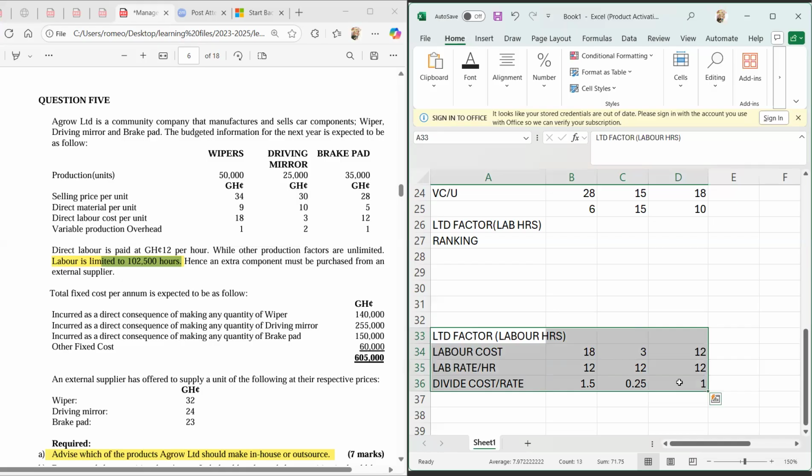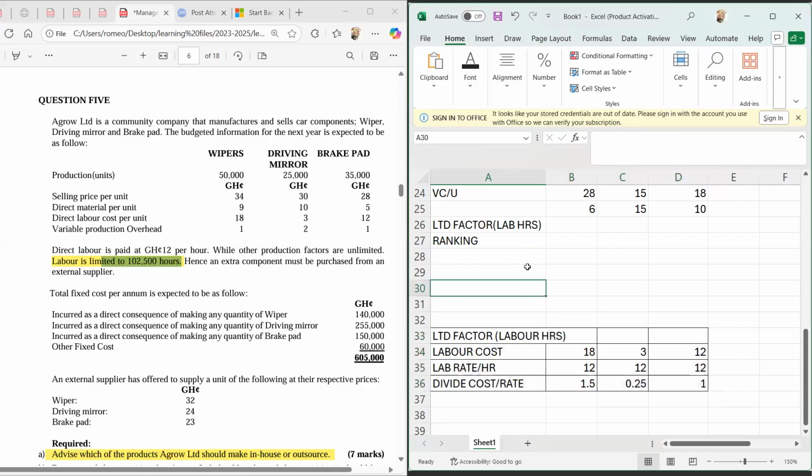So let me just create something here. So this one isn't part. I'm just helping you. So we bring this one here, 1.5. That's your limit. So this 1.5 is in hours.